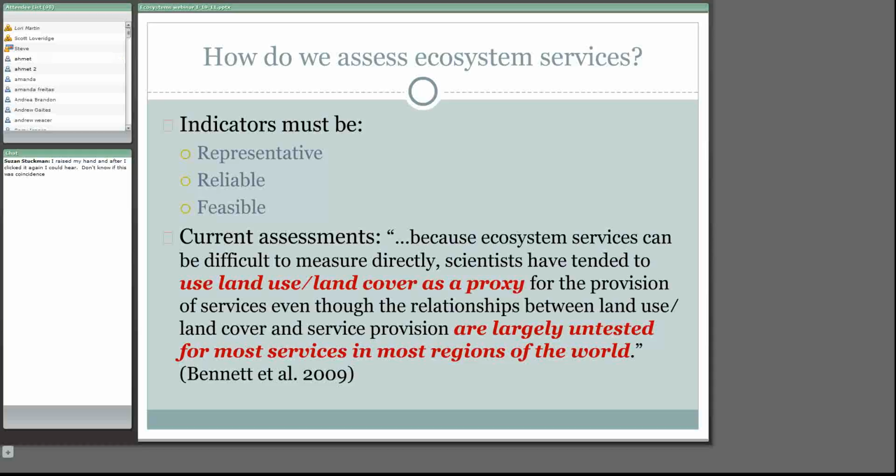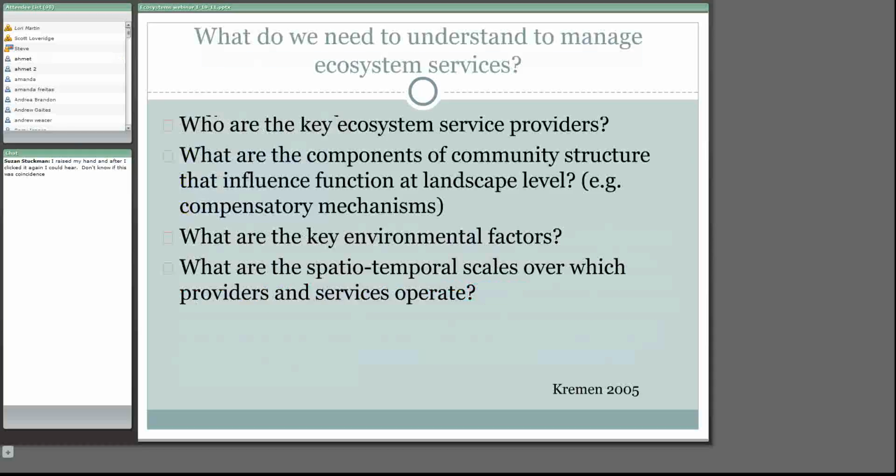So what is it that we need to understand to manage ecosystem services? We know a lot of these things for ecosystem functions, but can we use that? So for example, who are the key ecosystem service providers? What are the components of community structure that influence function at the landscape level? What are the mechanisms that are associated with that?